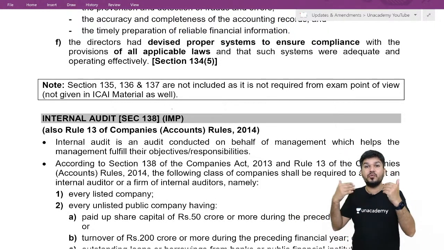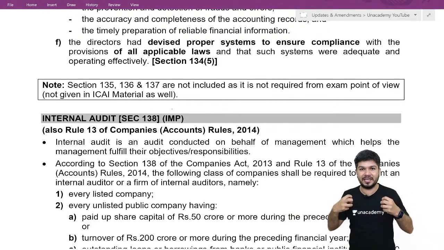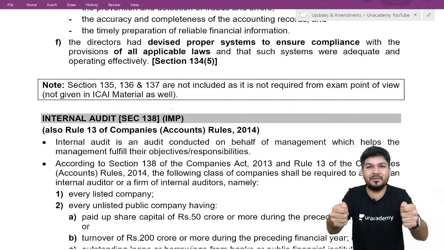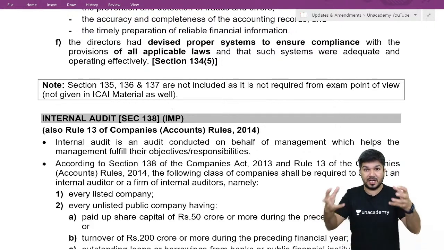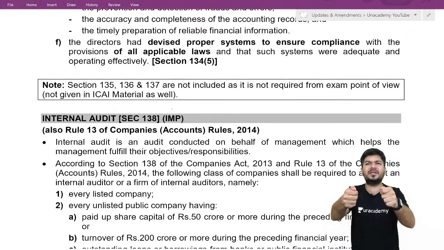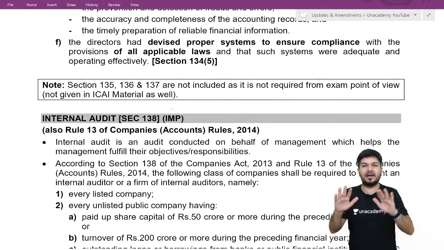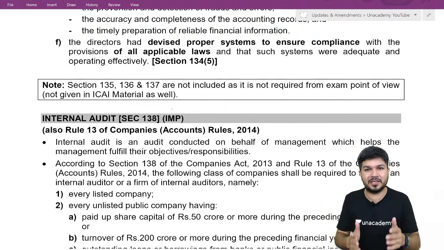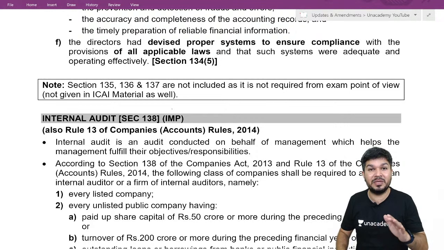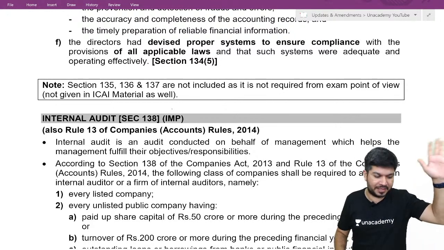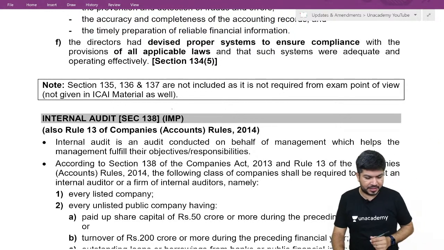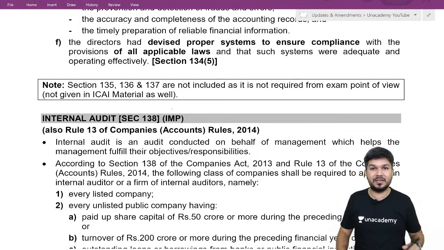Once they are adopted at an AGM, within 30 days they are to be filed with ROC. From the audit angle, those sections are not relevant. That's why they have been omitted. In law you might be having it.